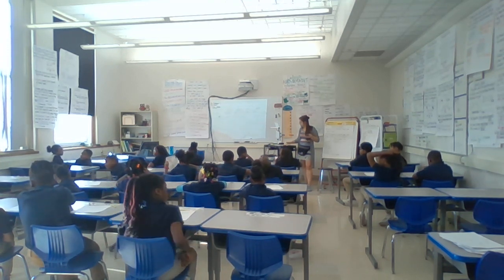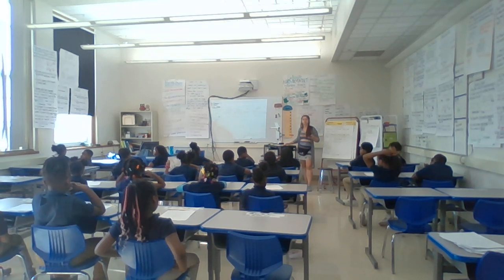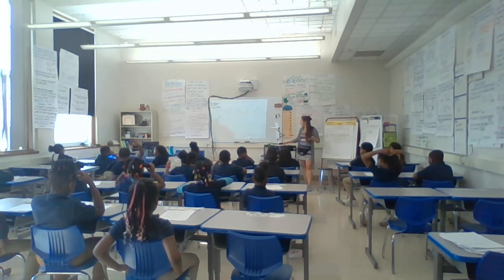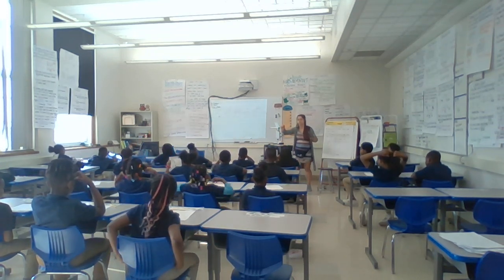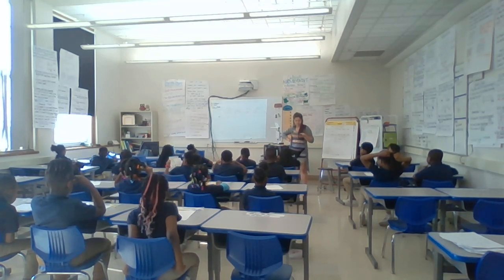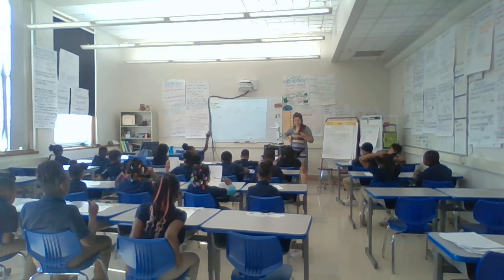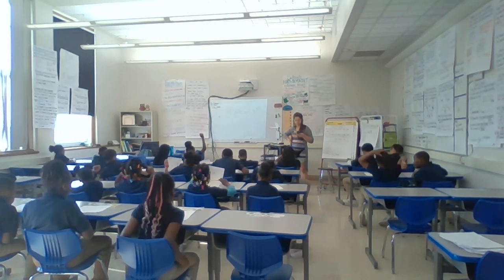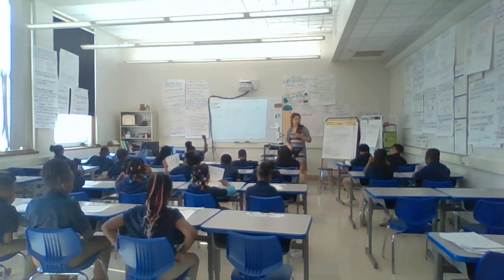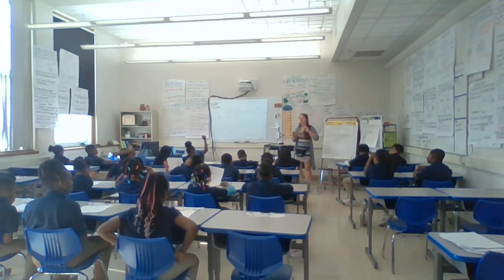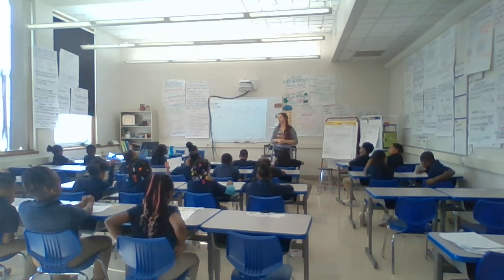What is this? Read this, everybody, to yourself. Read this line under your table. Go, read it to yourself. When you're done reading, hands are folded, tracking me, so I know you're done.